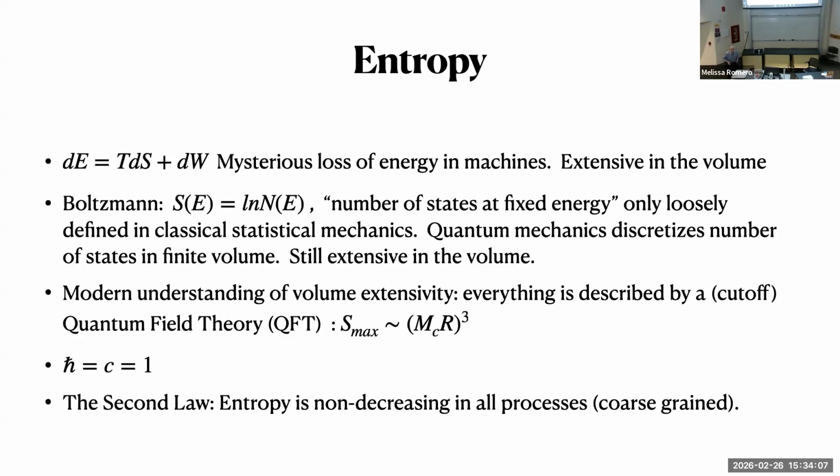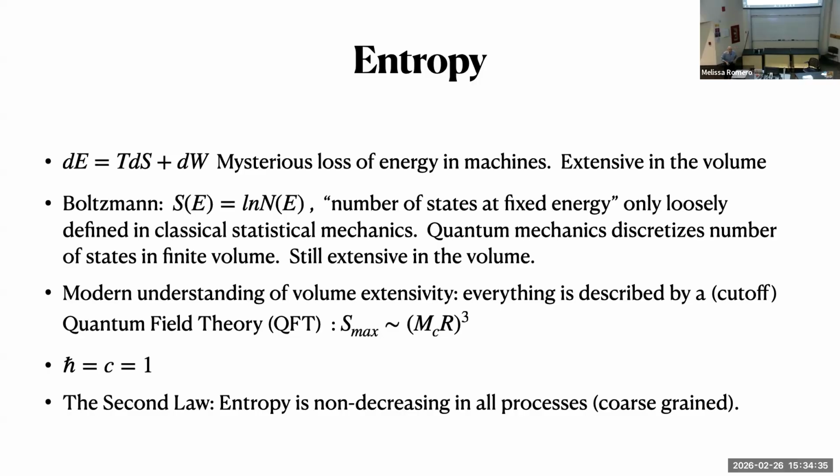In modern days, when I teach quantum field theory, I explain this in the following way. I have a quantum field theory. I usually teach relativistic quantum field theory, so I use units where h bar equals c equals 1. And then everything has dimensions of length or inverse length. So mass has dimensions of inverse length.